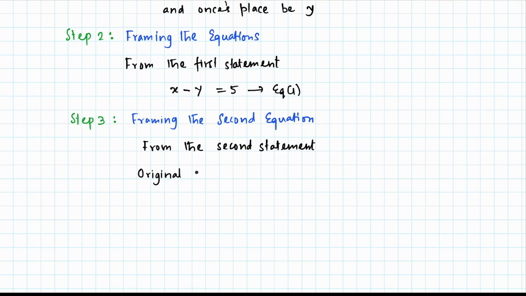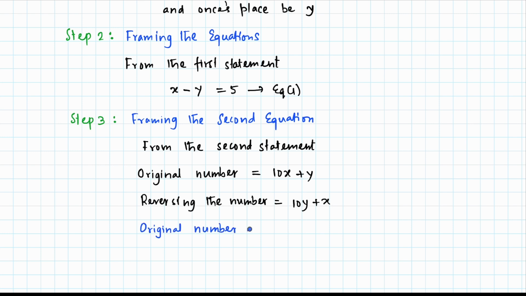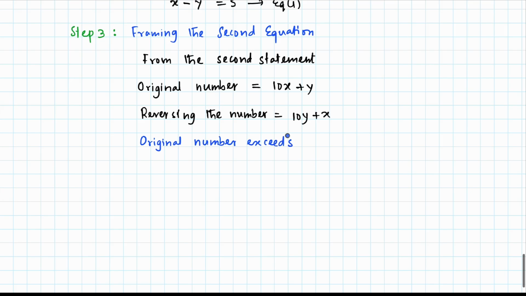So that means the original number is 10x plus y and the reverse number is 10y plus x, and the original number exceeds the reversed number by 45.